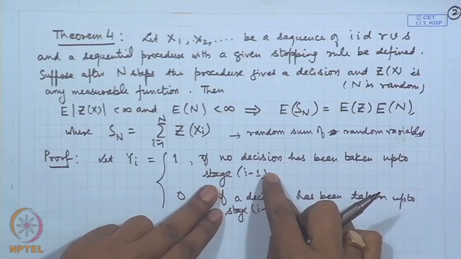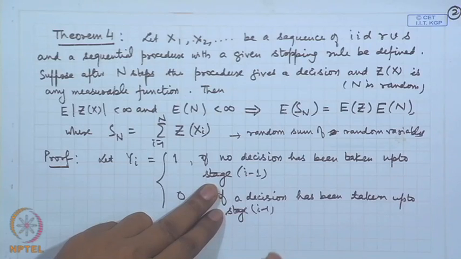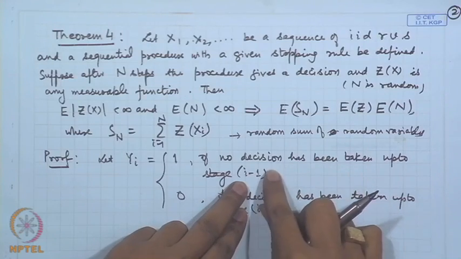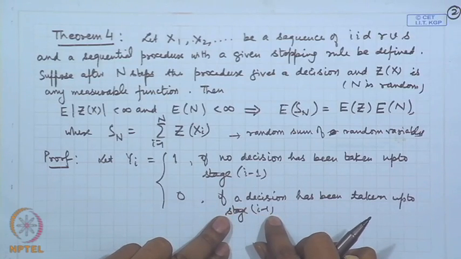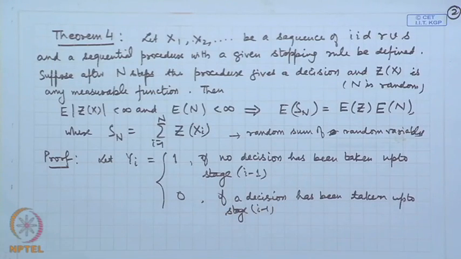Now, the decision making process up to a particular level m depends upon the random variables X1, X2, ..., Xm. So, when I say the decision has not been taken up to stage i minus 1 or a decision has been taken up to stage i minus 1, that means the random variables involved in this discussion are X1, X2, ..., X_(i minus 1).